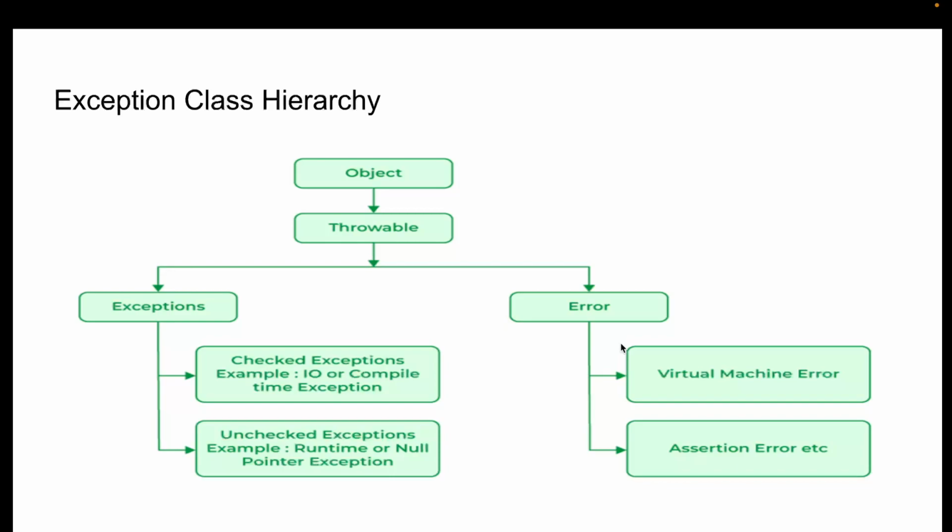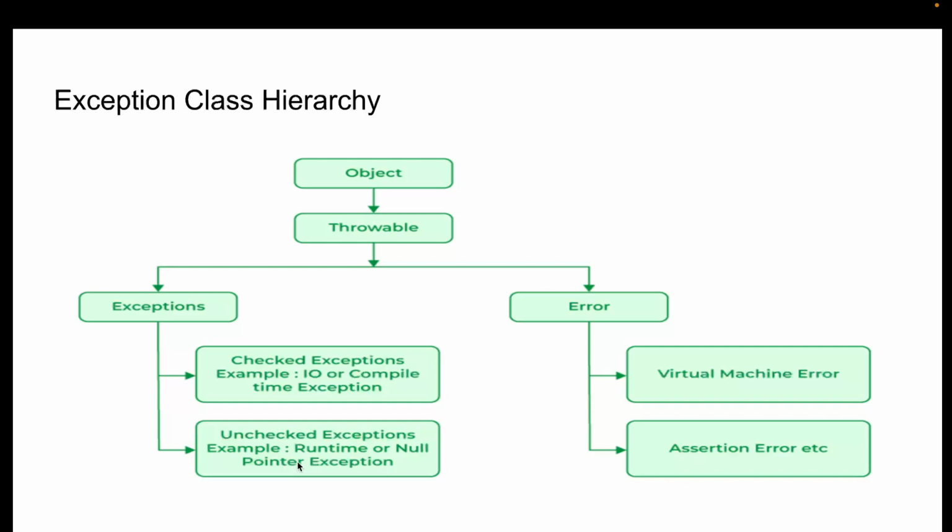Exceptions and Errors. We'll see how we can handle the exceptions. So see, checked exceptions and unchecked exceptions. These are now child classes of Exceptions. Checked are compile time exceptions, unchecked are runtime exceptions.